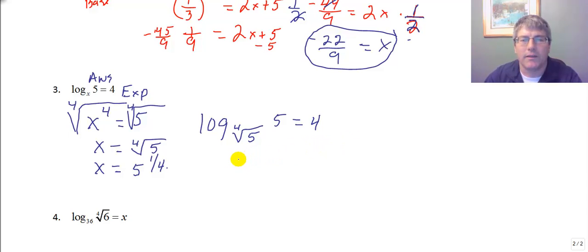So the 4th root of 5 raised to the 4th power equals 5. And those are inverse operations, so the 4th root and the 4 would cancel out. We get 5 equals 5. So that seems to check out.